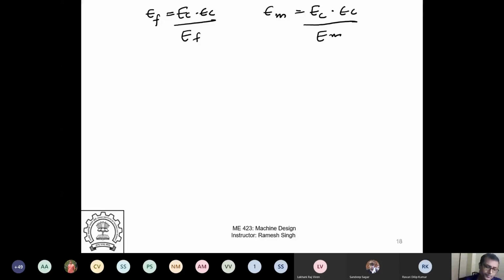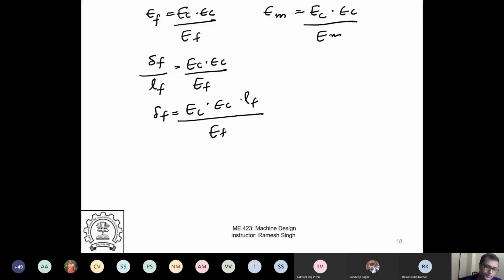Now, epsilon will be nothing but delta F by length of fiber, which is equal to EC epsilon C divided by EF. So delta F is equal to EC epsilon C LF divided by EF.